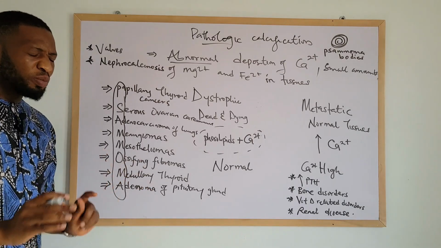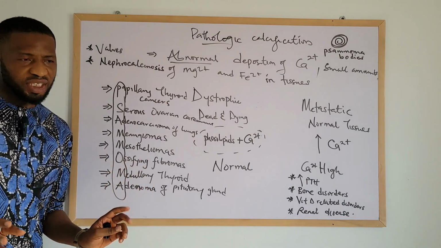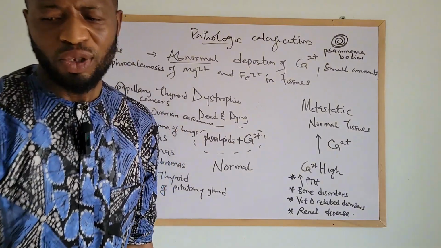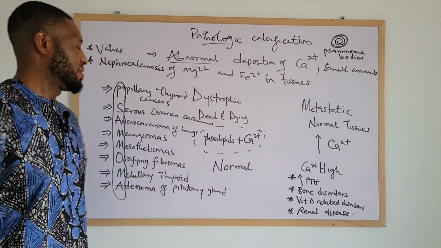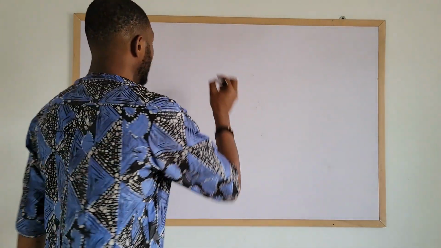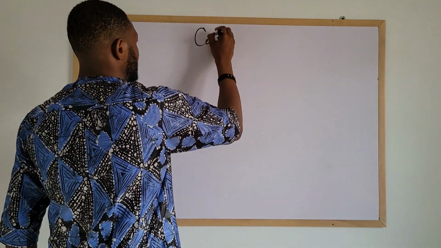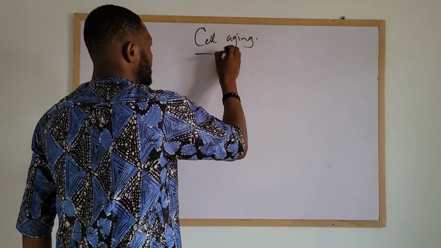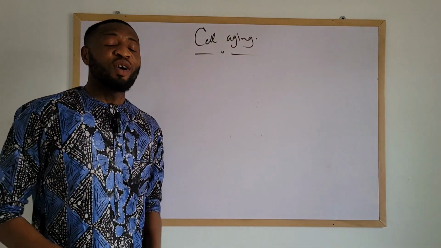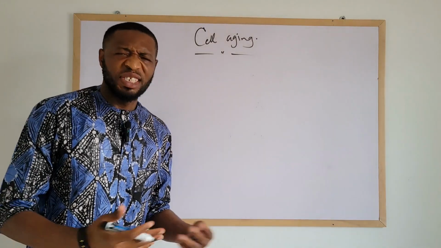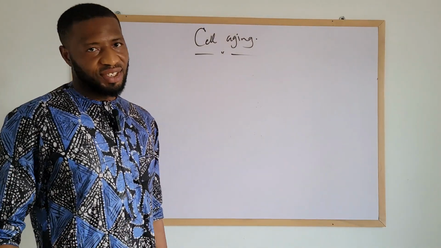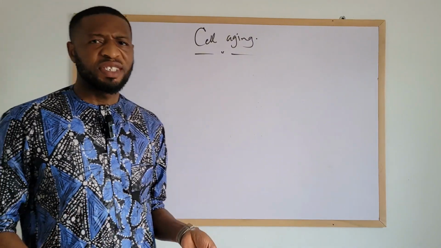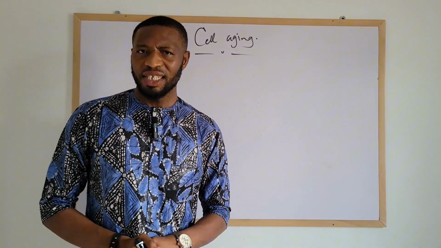The next thing we'll be talking about is cell aging, and we'll just throw a little light on cell aging, not go into details. The reason why organisms age is simply because their cells age. And we'll go straight to the point to describe some of the reasons why cells age.